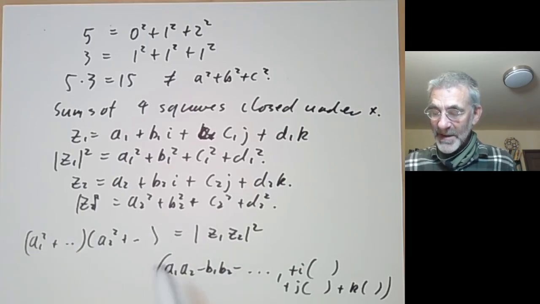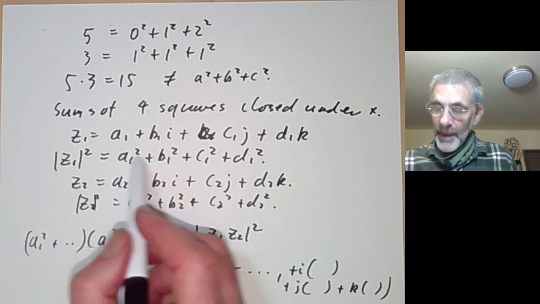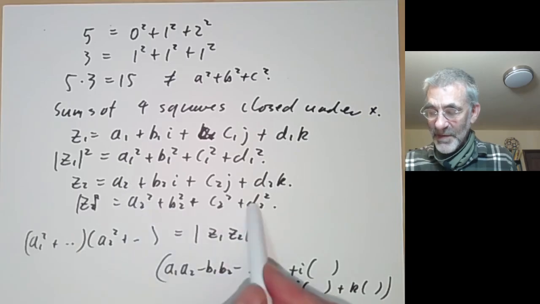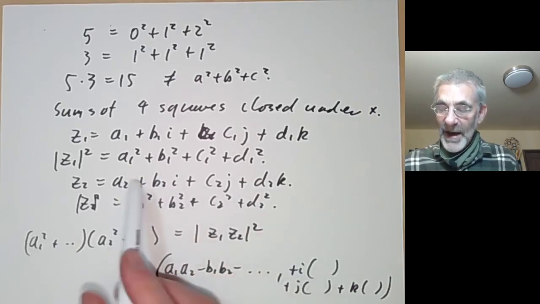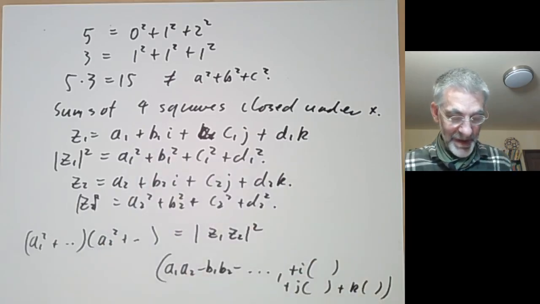I'll just leave it as an exercise to express the product of this number and this number completely explicitly as a sum of expressions in all the a's, b's, c's and d's.